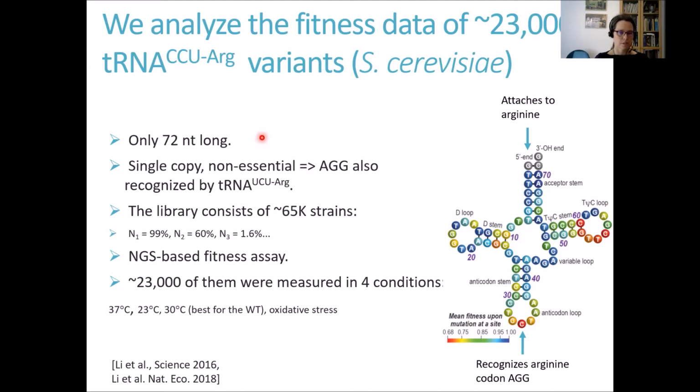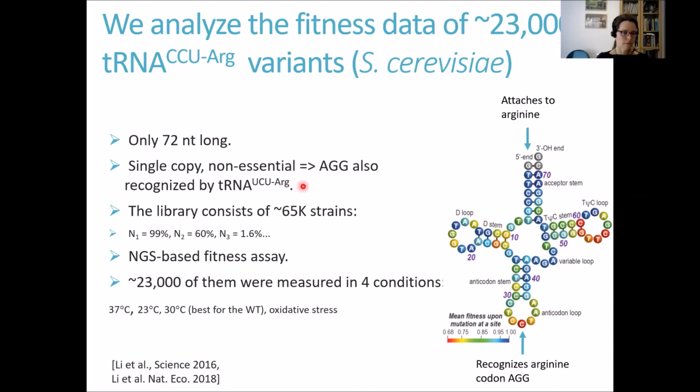It is also a single copy non-essential gene, namely the organism is viable even if this gene is deleted, because the AGG codon is also recognized by wobble by another tRNA molecule, the UCU arginine. That means that many of the mutants of this gene are still viable.